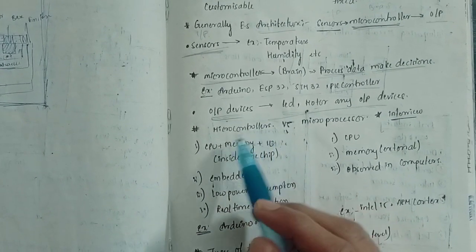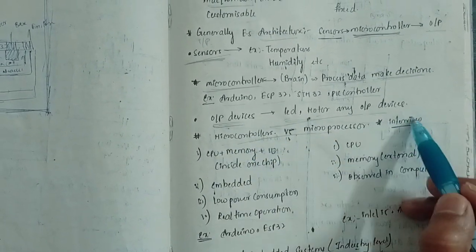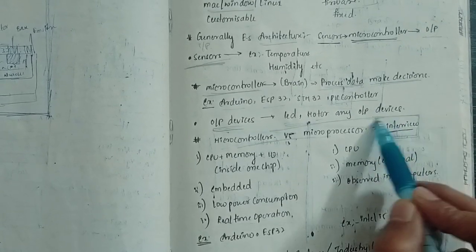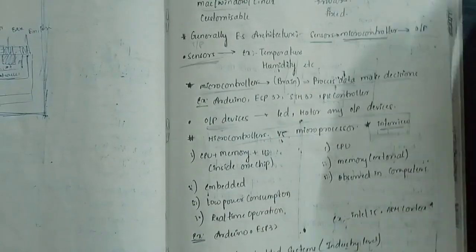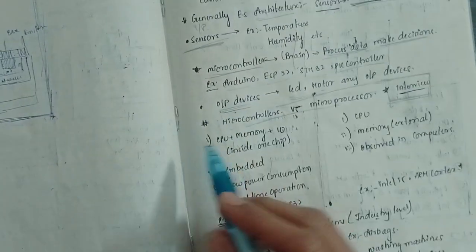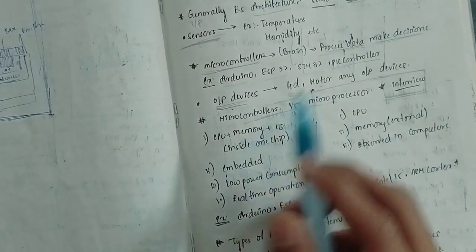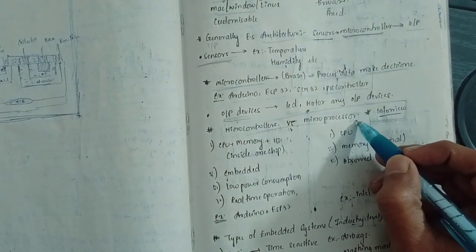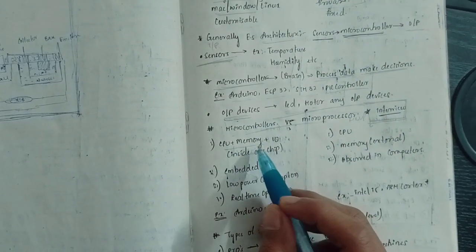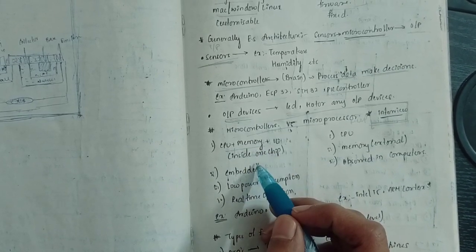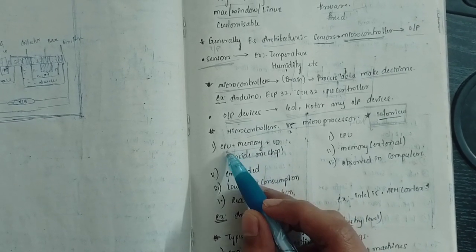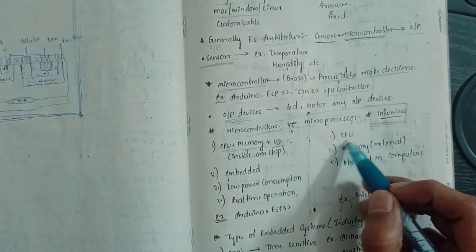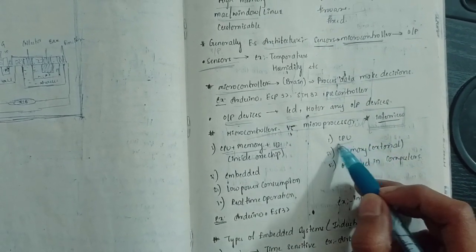What's the difference between a microcontroller and a microprocessor? This is very important for interviews. This question will be asked. A microcontroller is a chip which consists of CPU, memory and IO, and a microprocessor only has CPU.